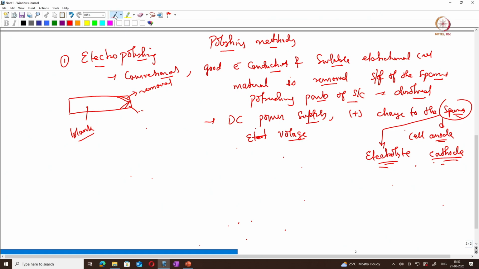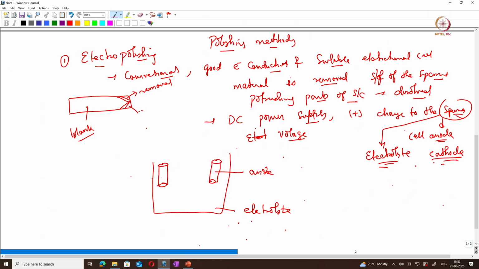Okay, so basically if you see this, it is a very simple cell which is having a container which contains electrolyte. Okay, you have a cathode, you have an anode which is the specimen.